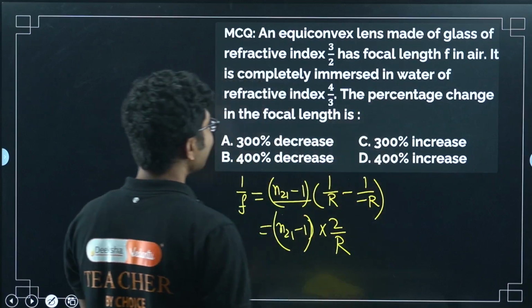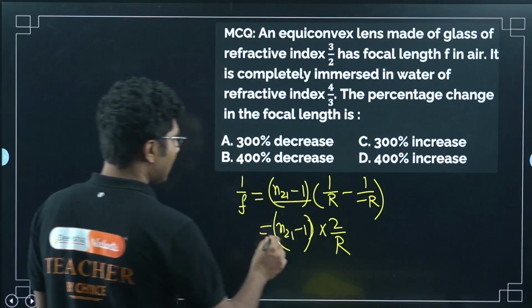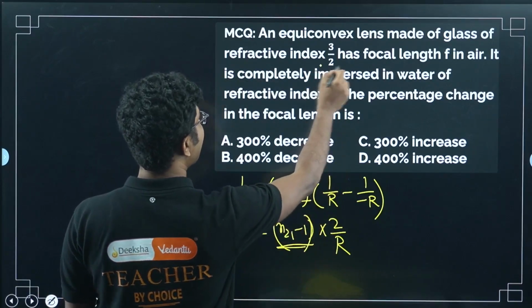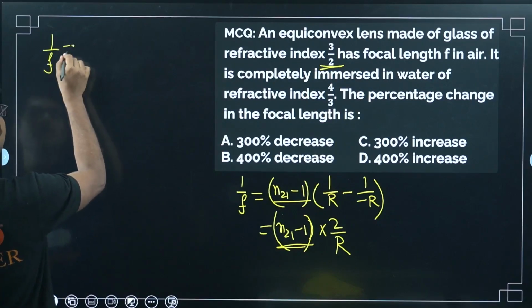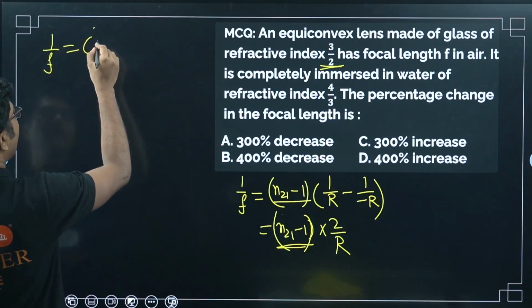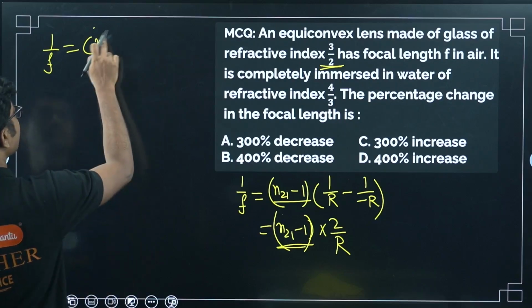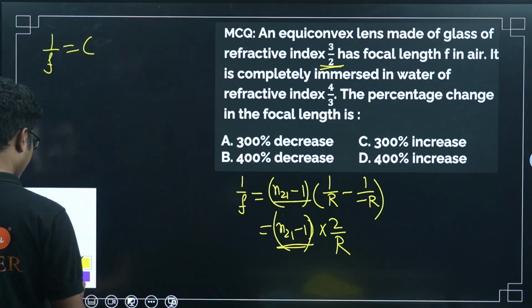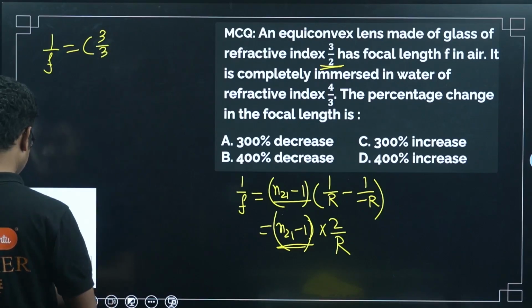Now, it has focal length f in air. So in air means we have to use this value, right, in air. So 1 by f equals (3 by 2 minus 1) times 2 by r. As I said, in case of air, it is simply the refractive index.